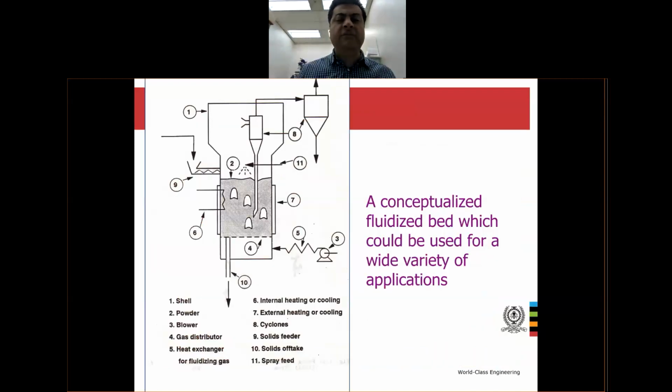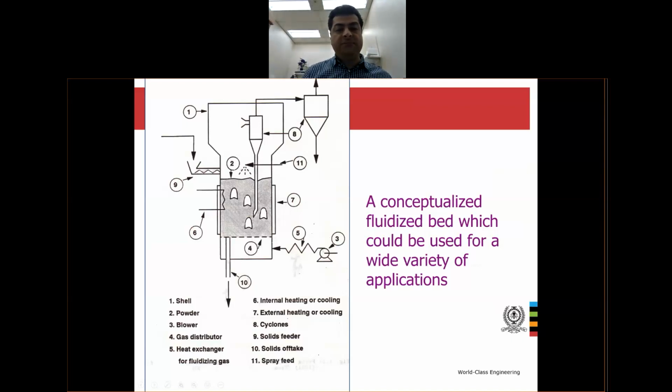But a typical fluidized bed reactor is shown here. It's just a very typical one. So of course, first you have the main physical body of the fluidized bed reactor. You have a distributor in order to distribute the gas to maintain the fluidization.